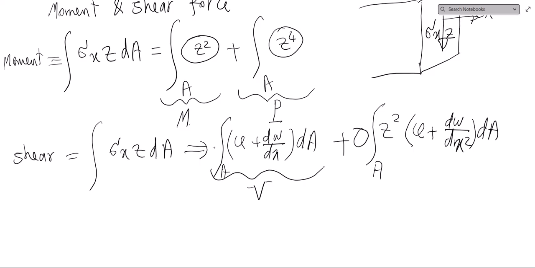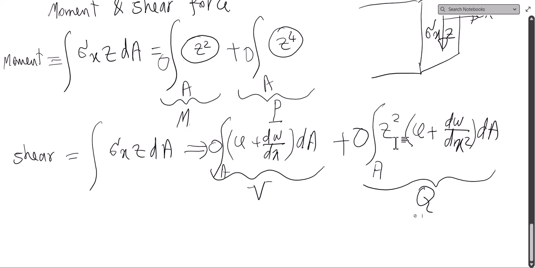Of course, we have some coefficient that I'm dropping here just to, and we call it Q. Not the first moment, but Q here is the shear, which is responsible for maybe warping or second order shear force that we have at the cross section.